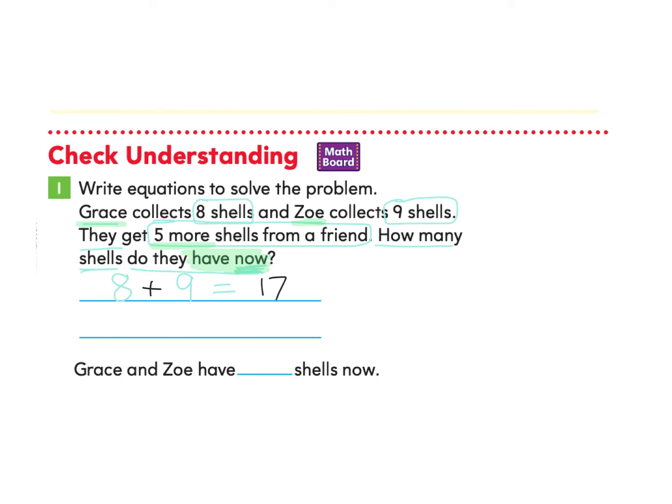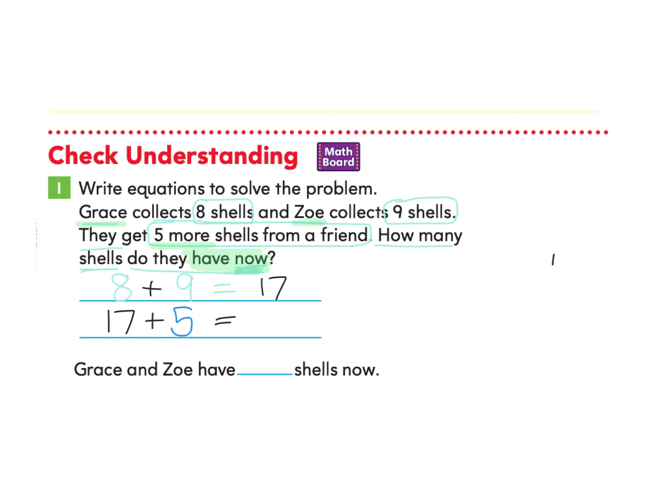Then we take the number 17 and we are told that they get 5 more shells from a friend. So we're going to take their total, which is 17, and we're going to add that 5, which they got from a friend, to that total. So we have 17 plus 5.